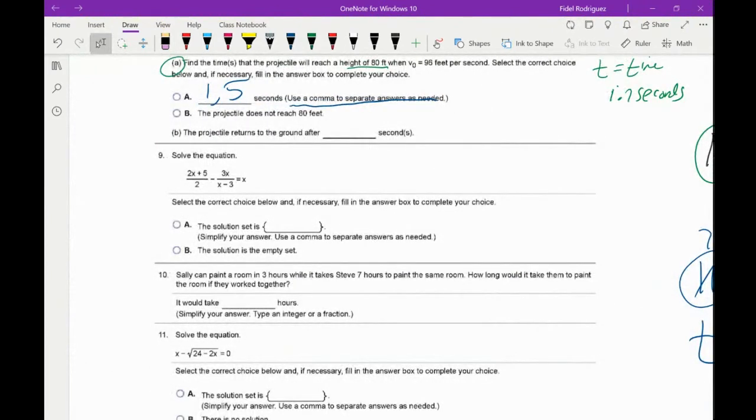If, for whatever reason, when you're taking your test, once you submit it you'll know how you did. So if you did everything right but you put t equals 1 and t equals 5 when you entered your answers, it's going to mark it wrong because it's only asking you to put the numbers. But if that's what you wrote, take a picture of it and send it to me, and I'll give you credit.